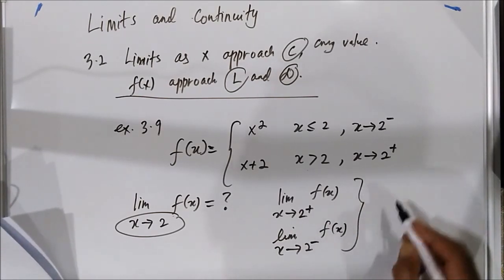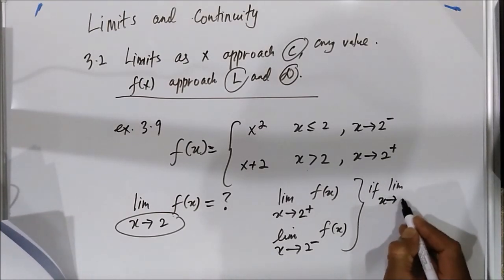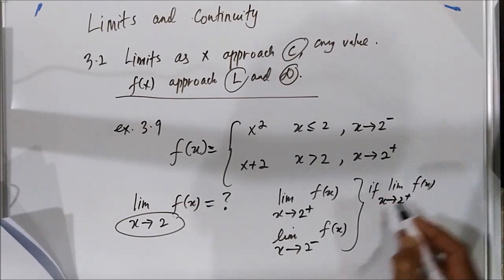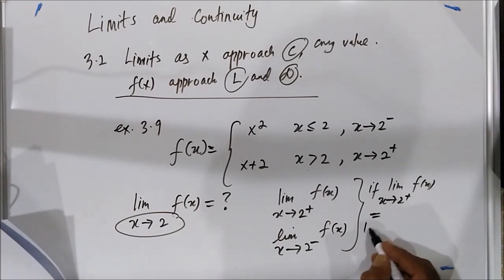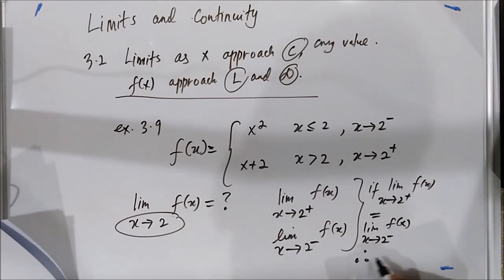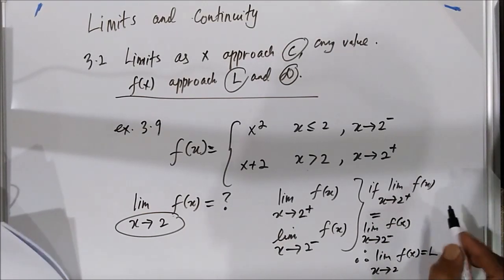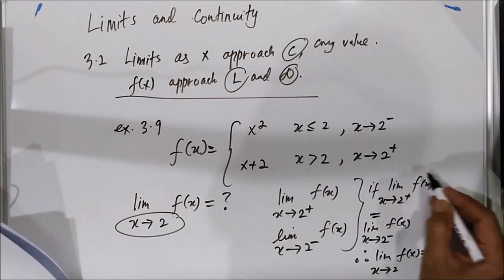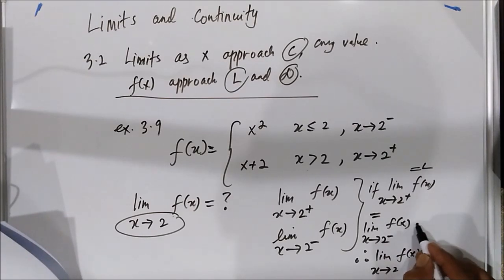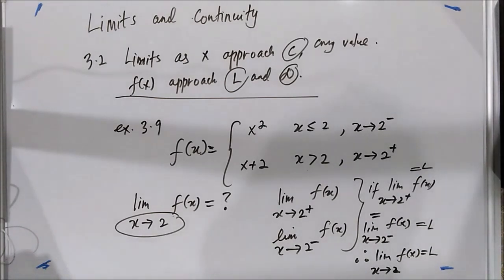So by definition, if the limit as x approaches 2 from the positive direction of f(x) equals the limit as x approaches 2 from the negative direction of f(x), then the limit as x approaches 2 of f(x) is equal to L. Let's say if this one equals L and this one also equals L, then the limit as x approaches 2 is equal to L.